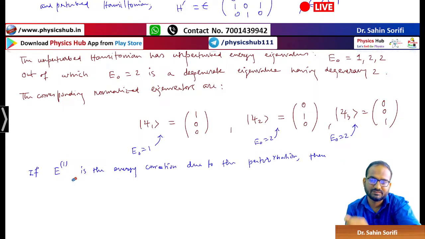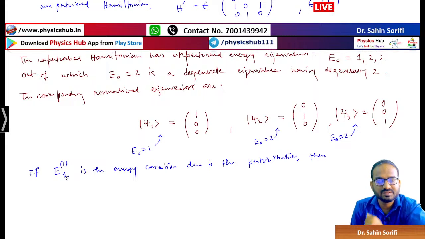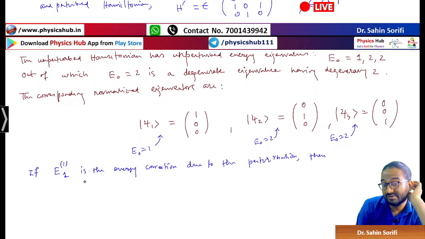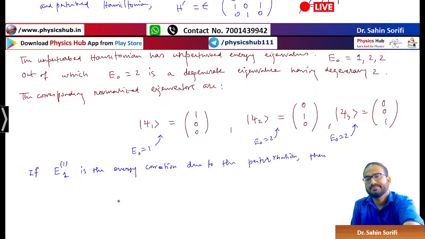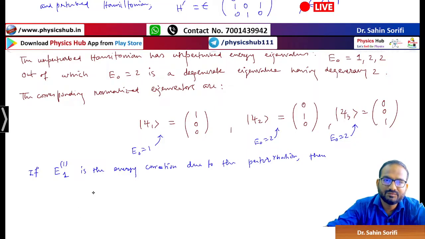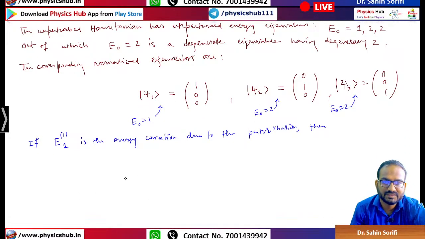Let's write E1, because other than the harmonic oscillator ground state, everywhere it starts from n equals 1. So we have to formulate the matrix. What is the matrix? Look, H prime 1 1 minus En1.